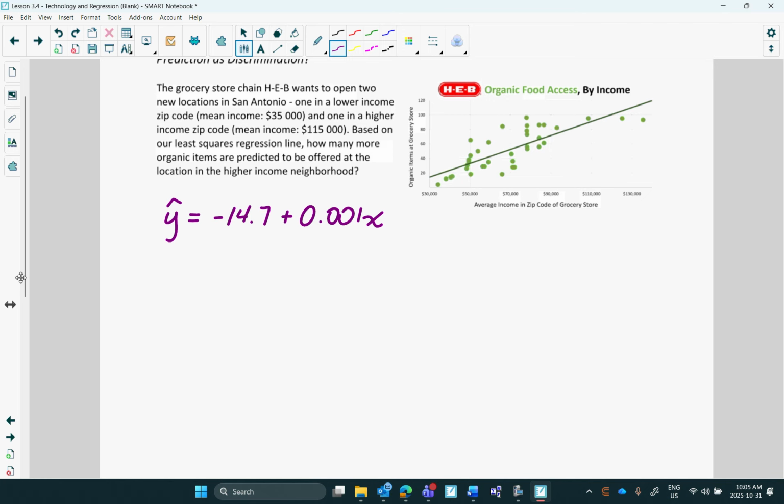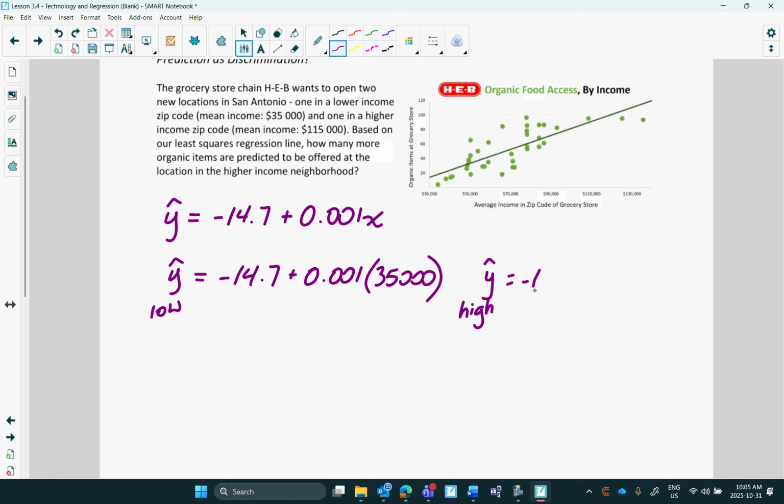Well, all we have to do is find the number of organic items for the low income area by plugging 35,000 into the equation and calculating. And then find the predicted number of organic items in the high income neighborhood by using the exact same equation, except plugging in 115,000.